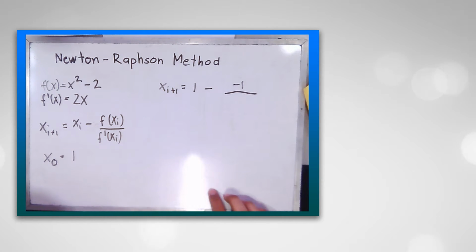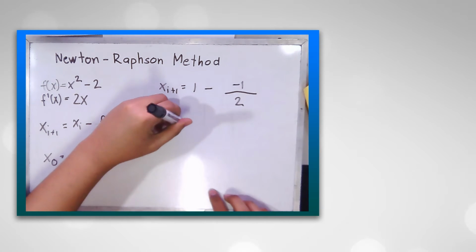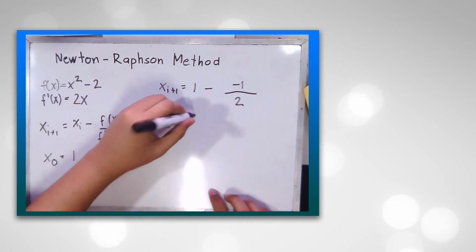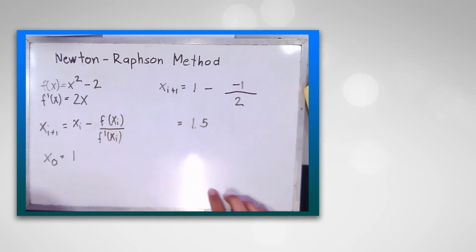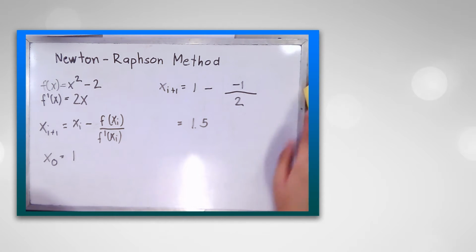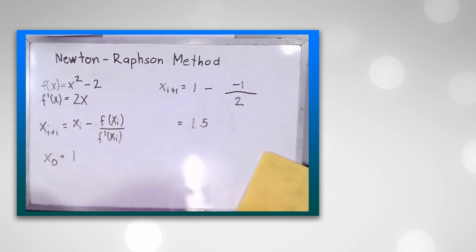And what is our value for the f prime of x sub i? 2. We will arrive simply at the answer 1.5. Our accuracy for finding the solution for x squared minus 2 is 4 decimal places. So we will be putting the value 1.5 into the column x sub i plus 1. We will be repeating these steps until we have arrived at the proper accuracy of the solution.